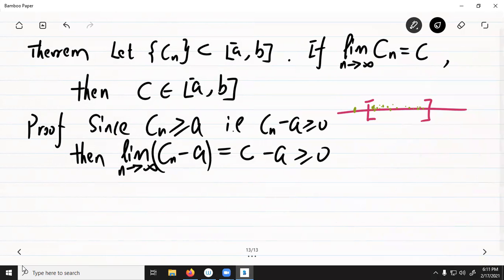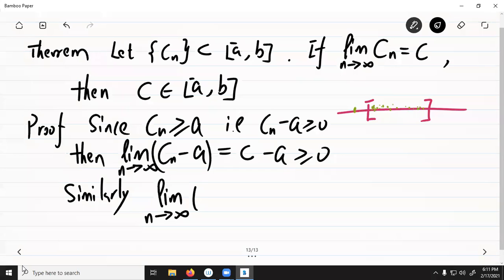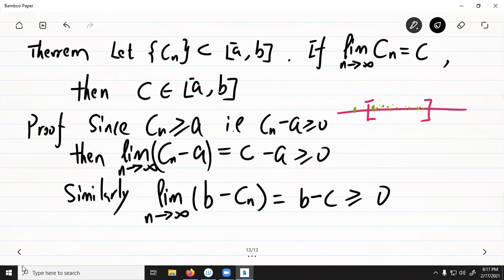Similarly, the limit as n approaches infinity of B minus Cn equals B minus C. This is greater than or equal to 0, because B minus Cn is greater than or equal to 0, since B is greater than or equal to Cn.